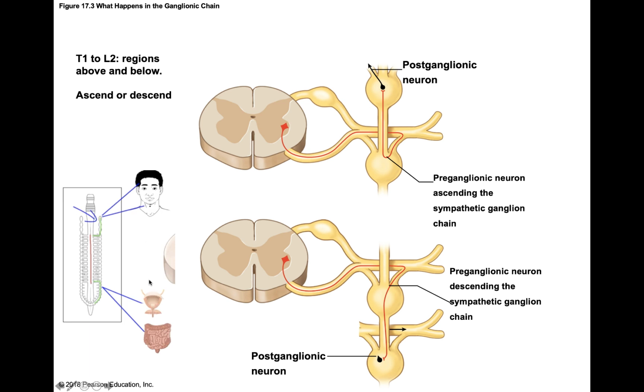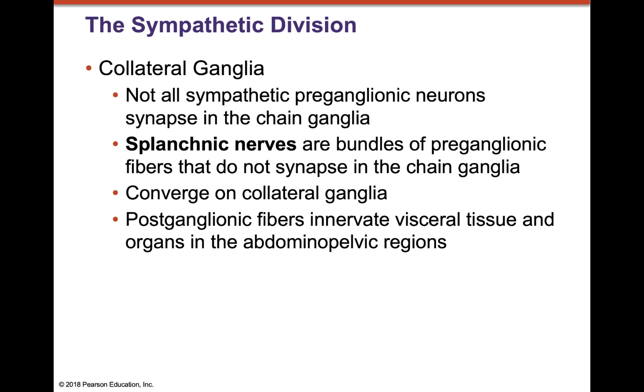And then if it needs to go below, again, it's going to enter the sympathetic chain. It's going to come down, then the lumbar region, and it's going to synapse with a postganglion that can go to the organs that are located in the area that's below the lumbar 2 vertebrae. So that's ascending or descending. Okay, so since we discussed the sympathetic chain ganglion, that's where I said most of them are going.